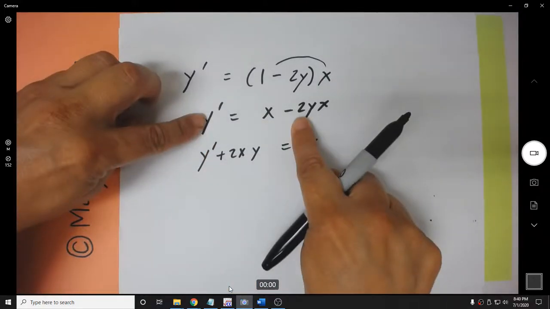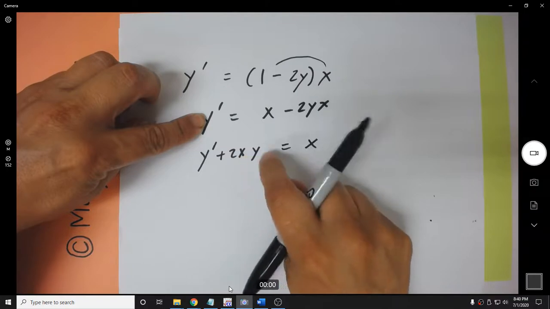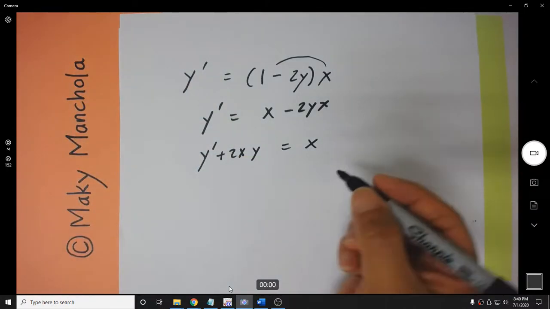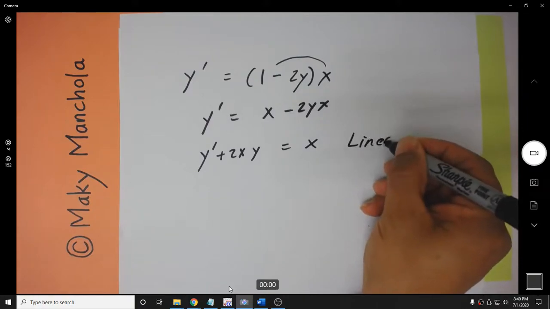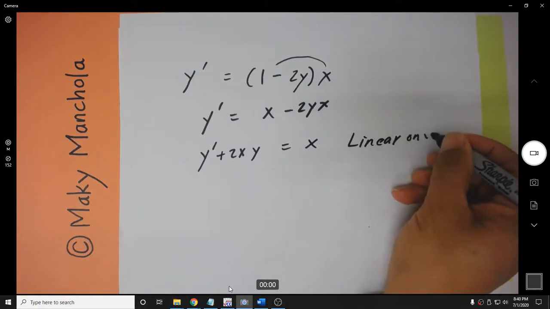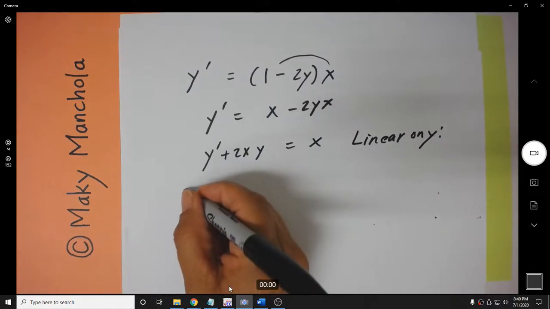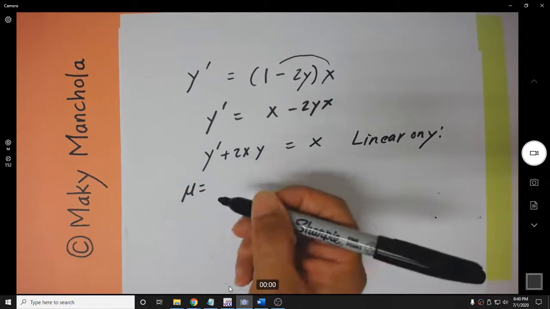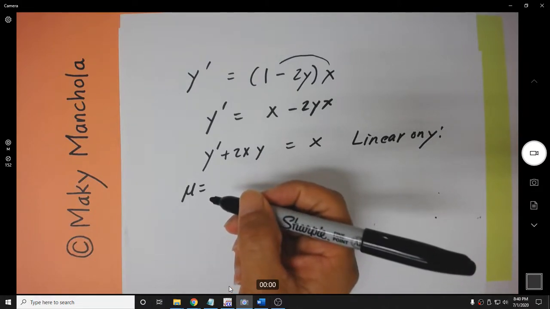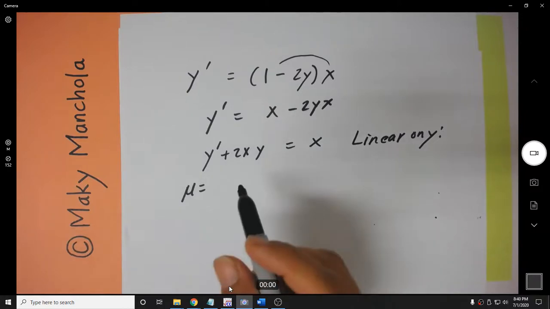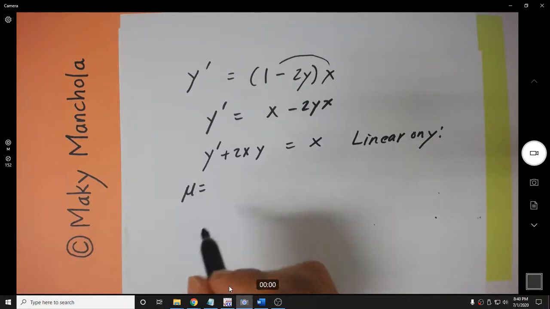So y prime plus 2yx equals x. So it is linear in y. Okay, so now we know what to do. We need to find mu. Incidentally, mu is called an integrating factor of this differential equation. So let's find the integrating factor.